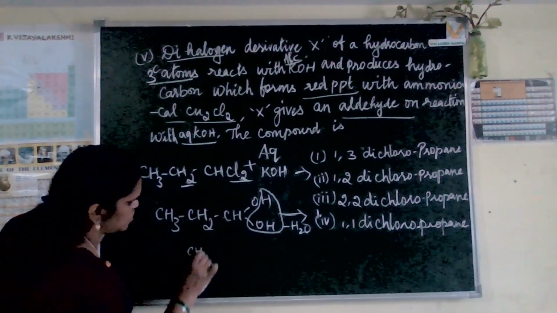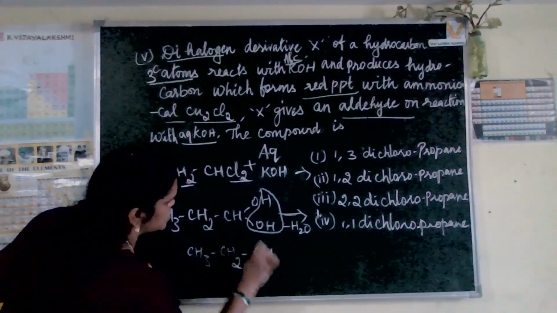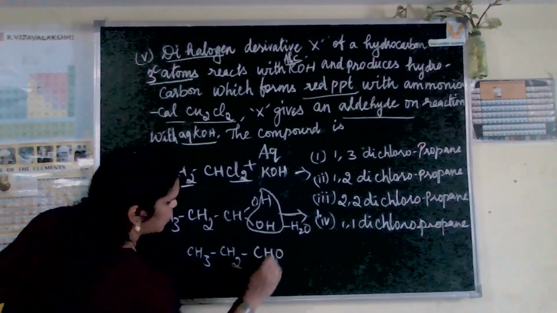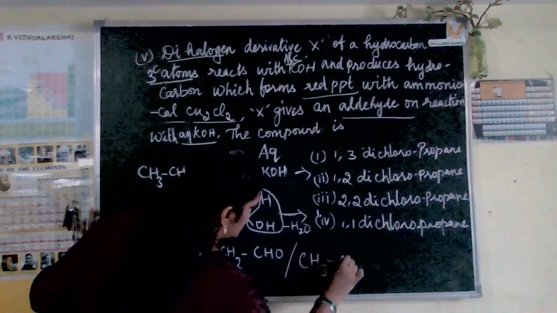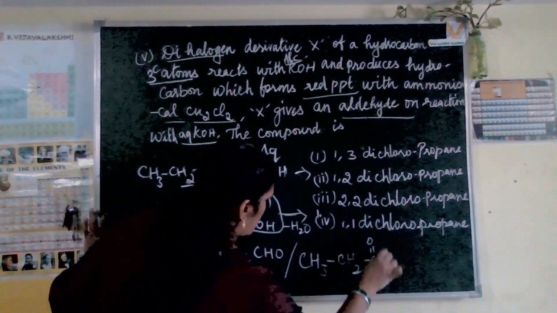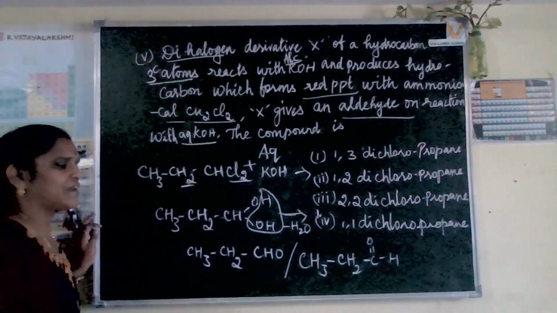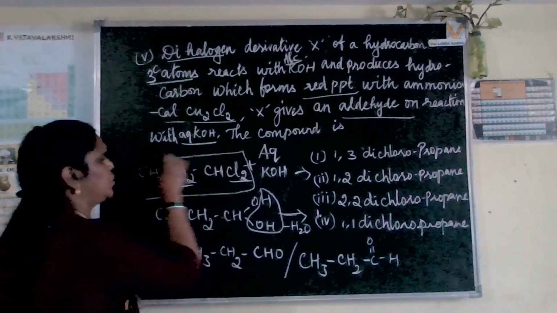So CH3 CH2 CH, here one O. You can also write it this way: CH3 CH2 C double bond O, here H. You can write like this also.